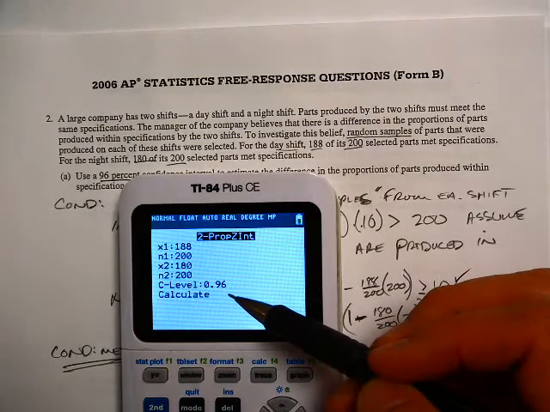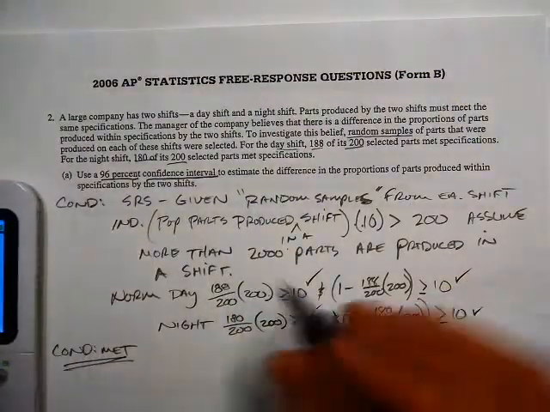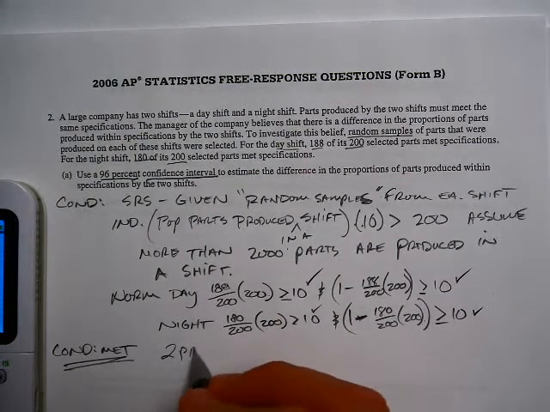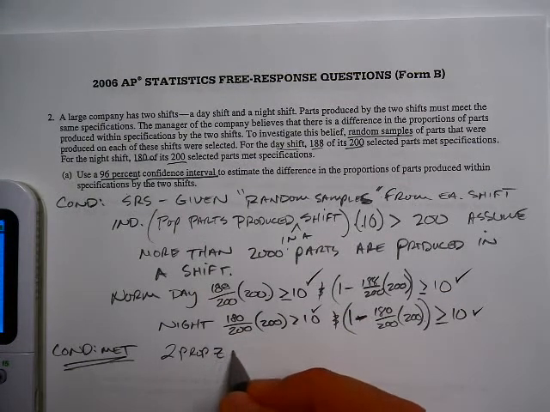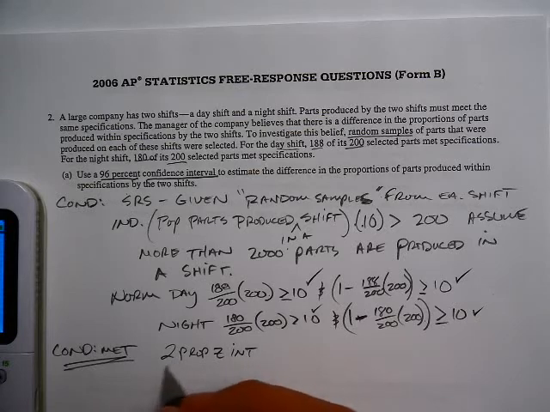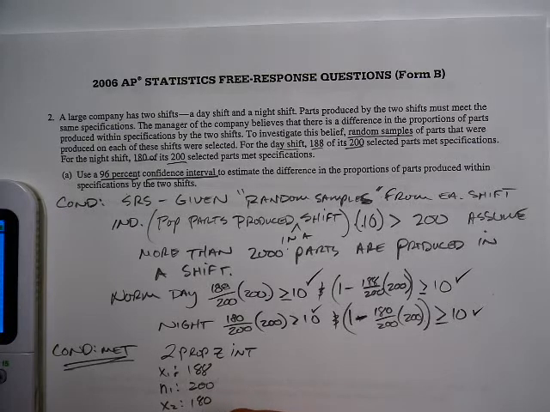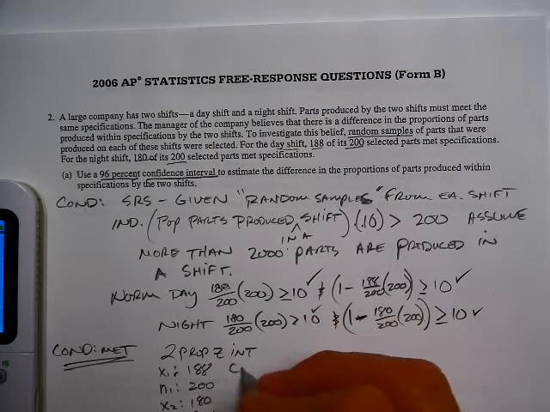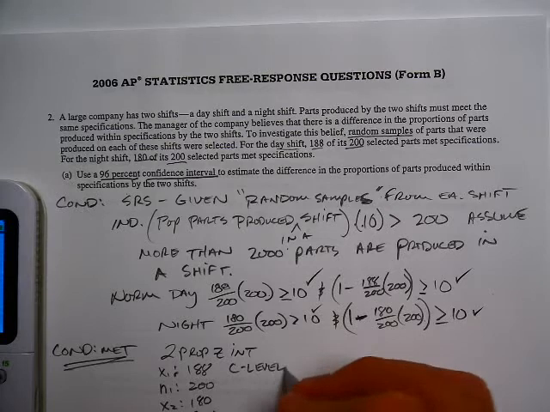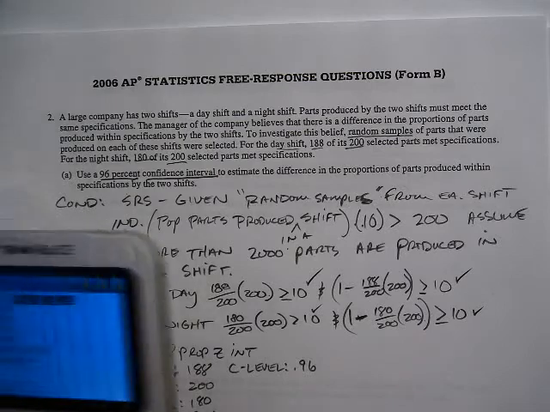I want a 96% confidence level, and I'm going to write this down. 2 prop Z int: x1 is 188 and n1 200, x2 180 and n2 200, confidence level 0.96, and then I'm going to go ahead and calculate that.